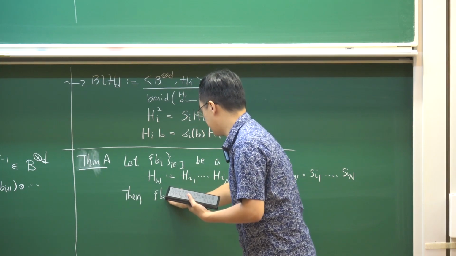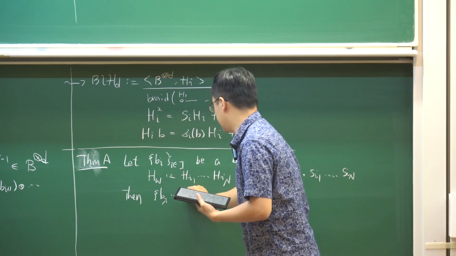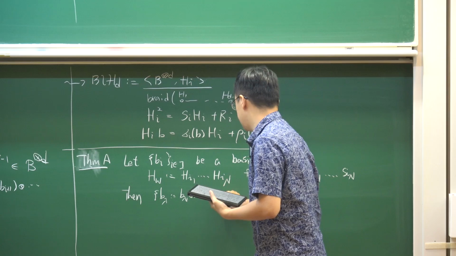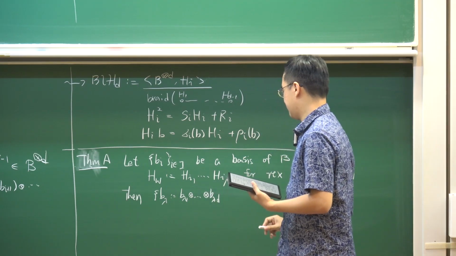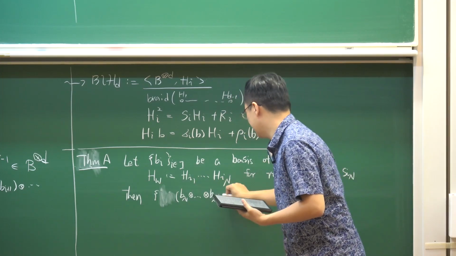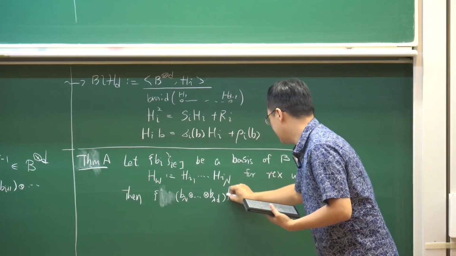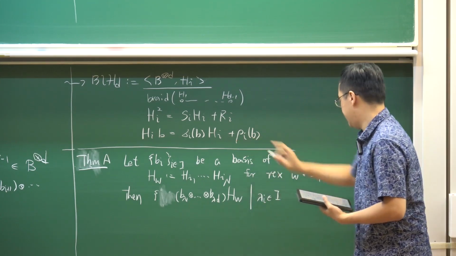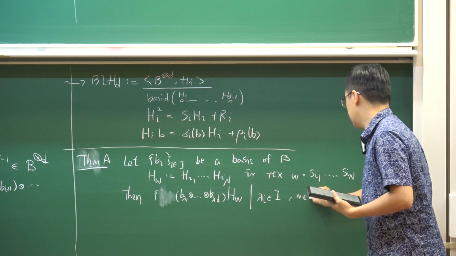So I can write something like B_lambda, which is B_lambda_1 tensor through B_lambda_D, times H_W, where each lambda_I is in the index set and W is in the symmetric group.